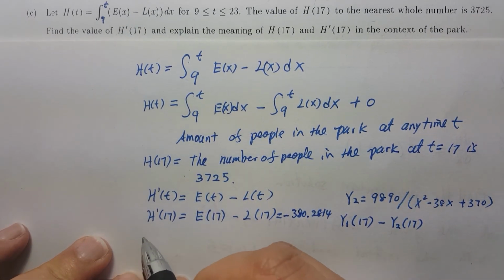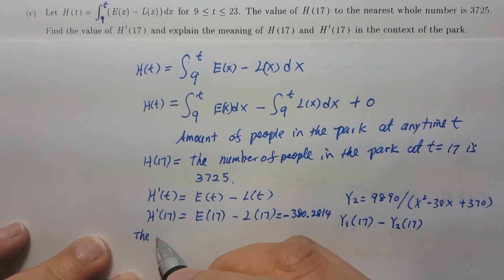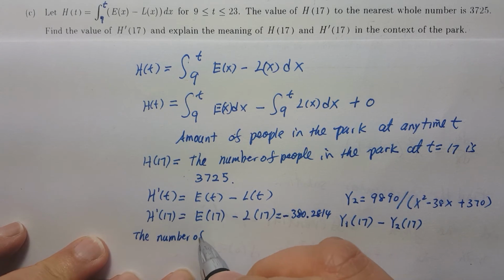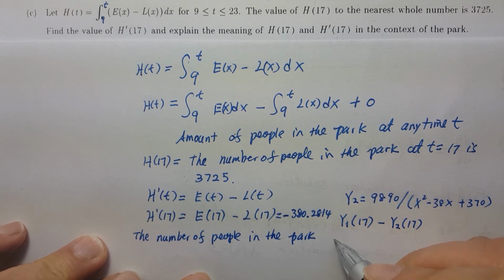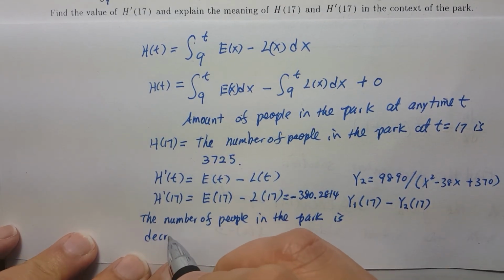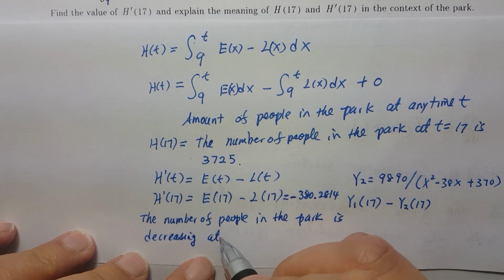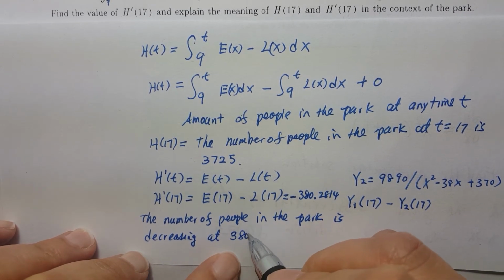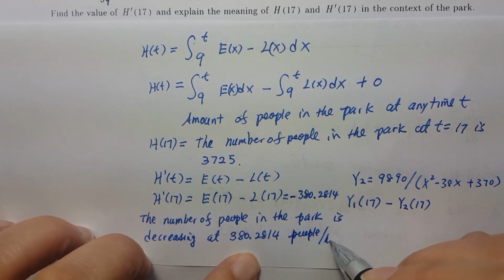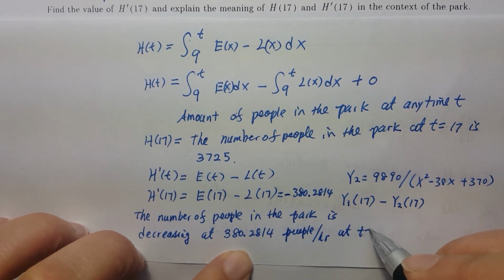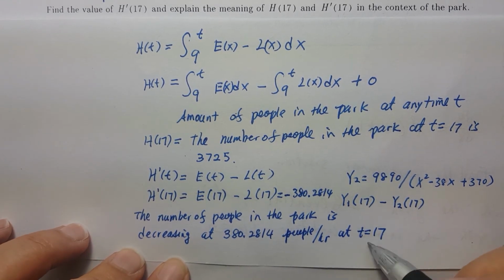Therefore, we say that the number of people in the park is decreasing at 380.2814 people per hour at t equal to 17. We usually state the time to be more specific. So we finished question number 1C.